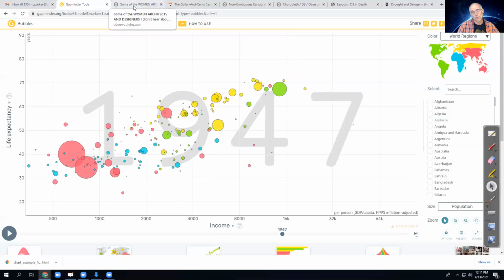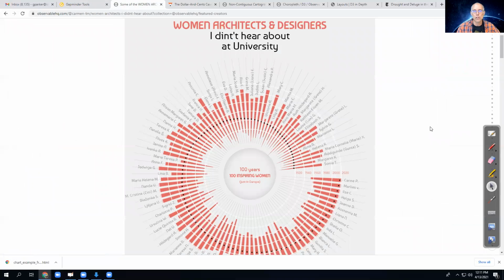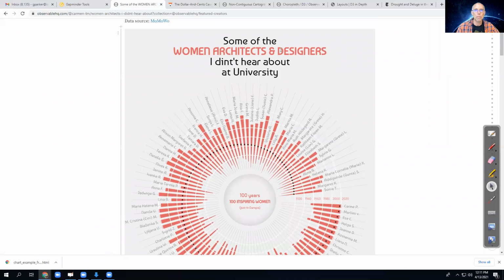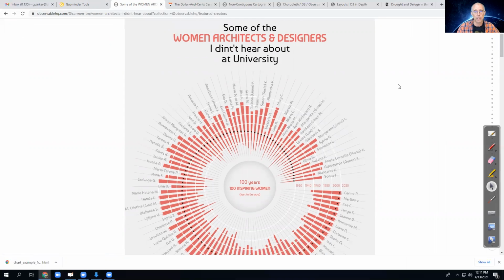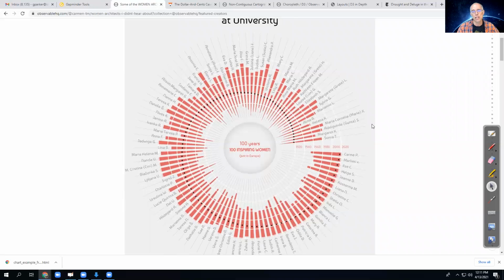Other interesting graphical displays of data I found that I just wanted to point out a couple, and there are so many great things out there. This one right here was women architects and designers that are important in the design of things in the world today, but haven't been very well publicized. And a cool thing about this graph right here, a couple things.